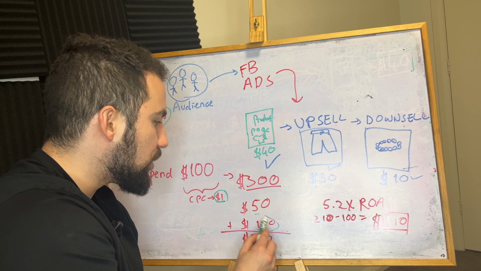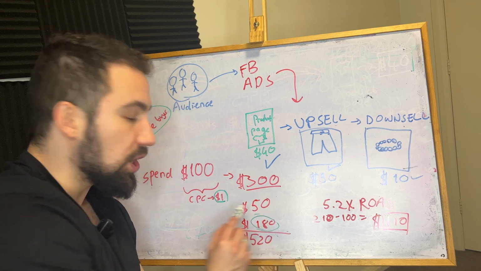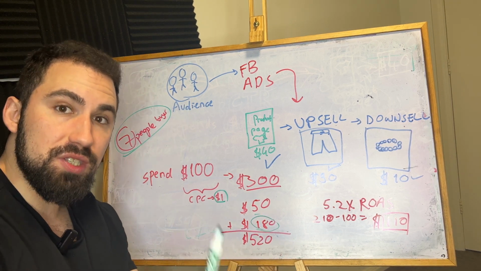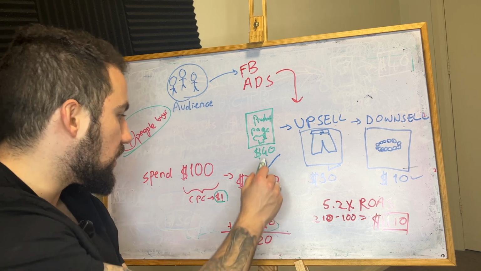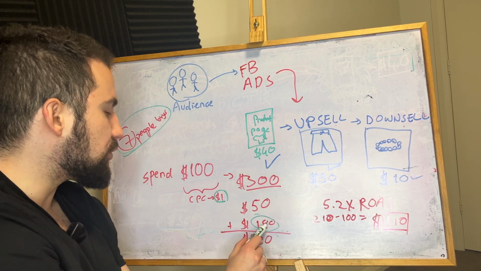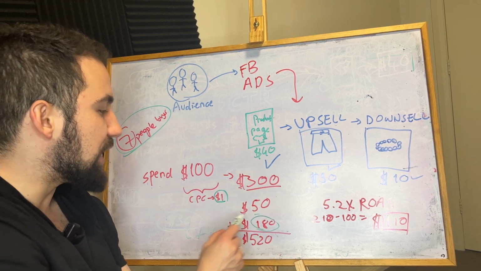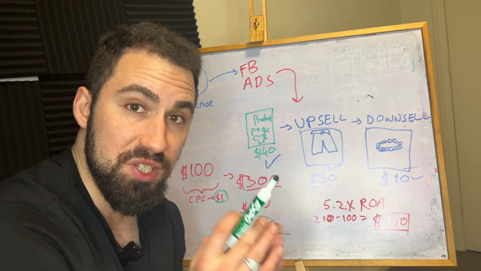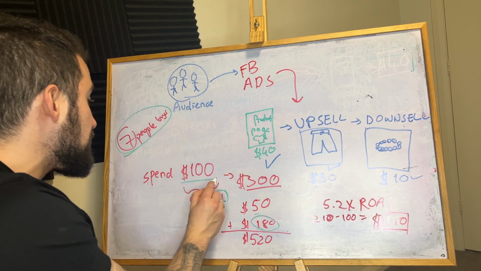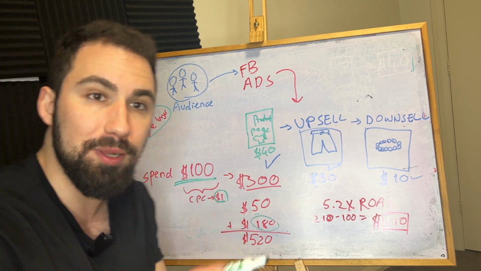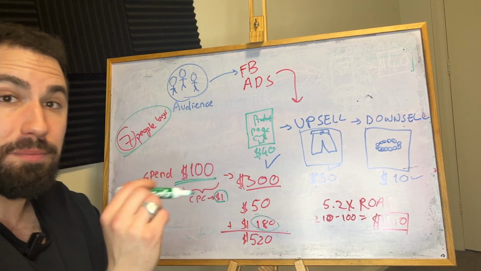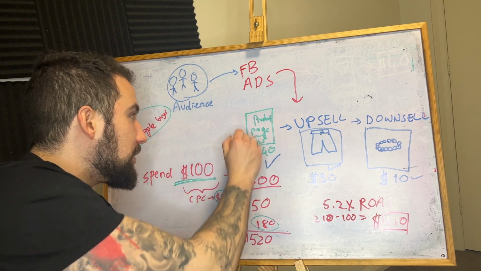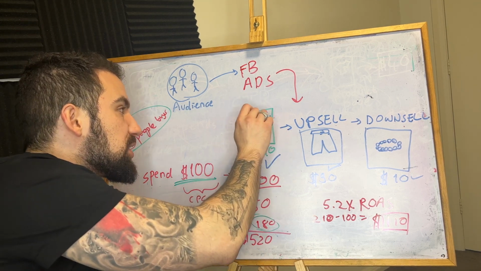And what we did is we added $180 increased purchase value, and then we calculate it all. It is $480 and $520 overall in cost. Guys, make no mistake, we're still spending $100 to get those people into the door, right? Keep that in mind.